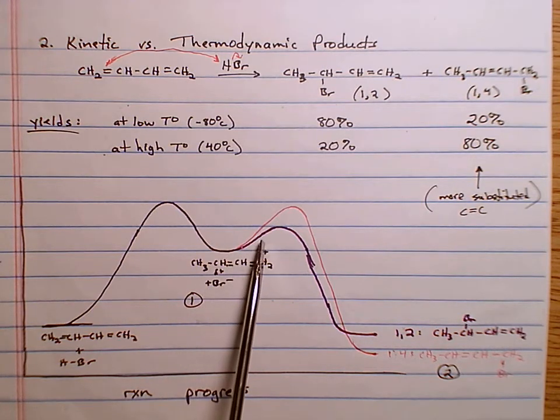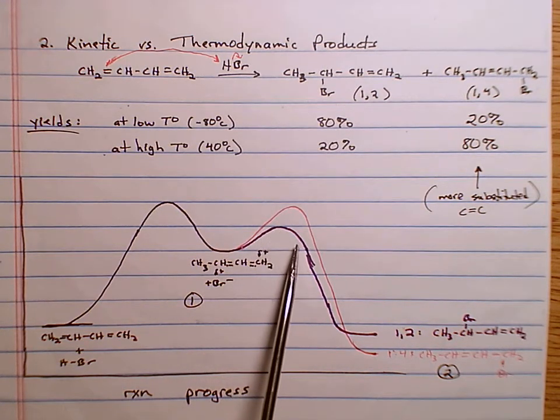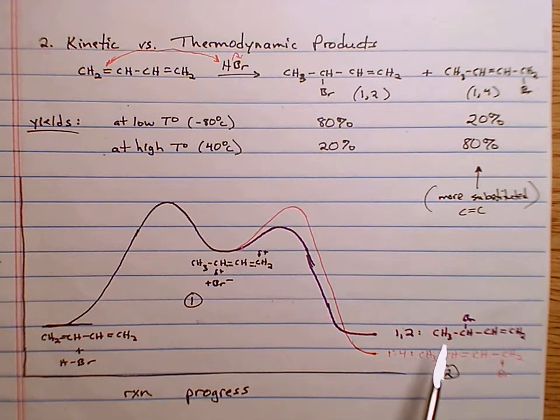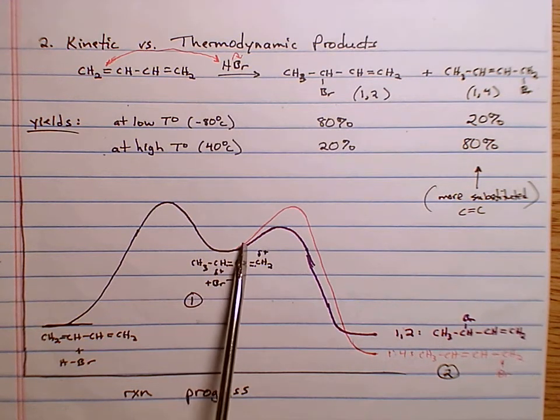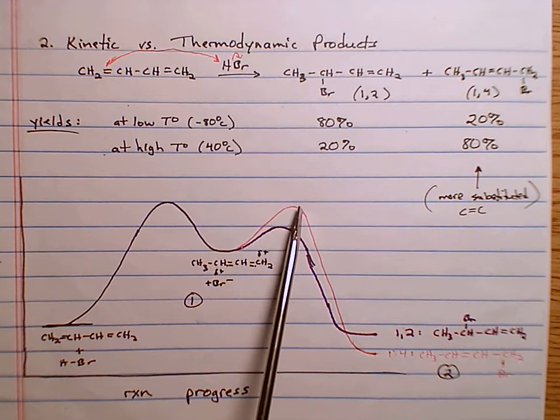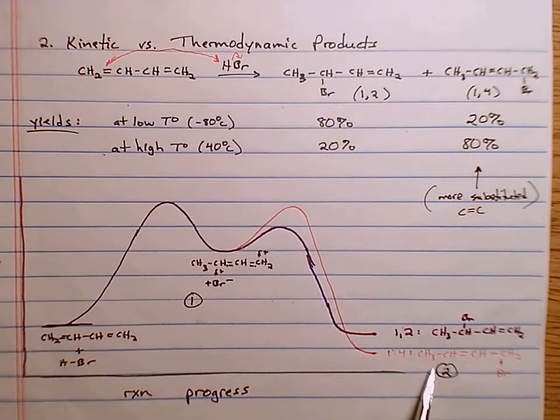So the 1,2 addition happens faster, but makes a less stable product. 1,4 happens slower, but makes a more stable product. 1,2 makes the less stable product. 1,4 makes the more stable product. But it's a slower reaction.